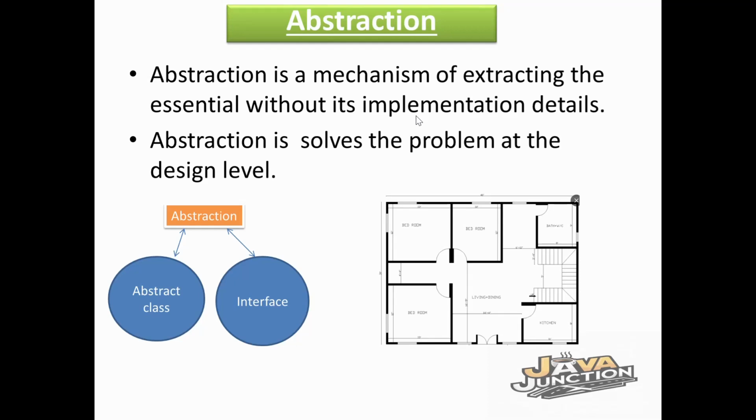So how can we achieve abstraction? Abstraction can be achieved in two ways: one is the abstract class, and the second is the interface. The question is, when do you go for an abstract class and when do you go for an interface?